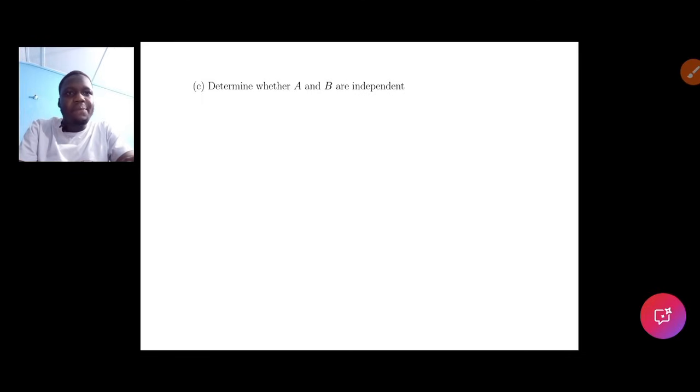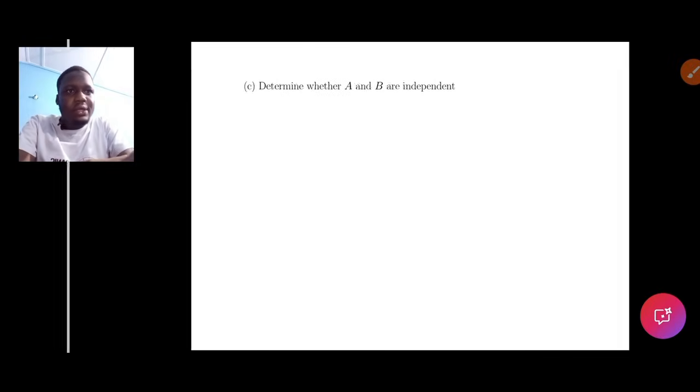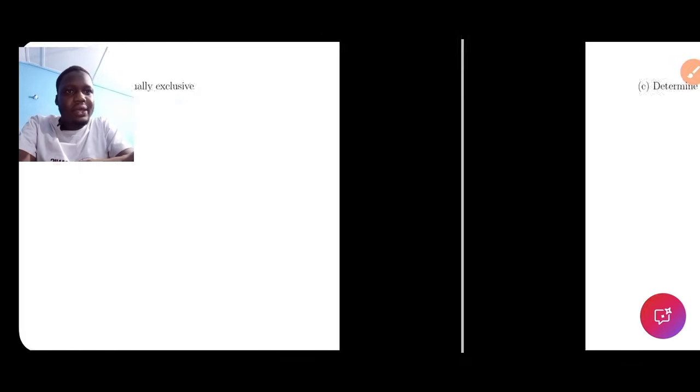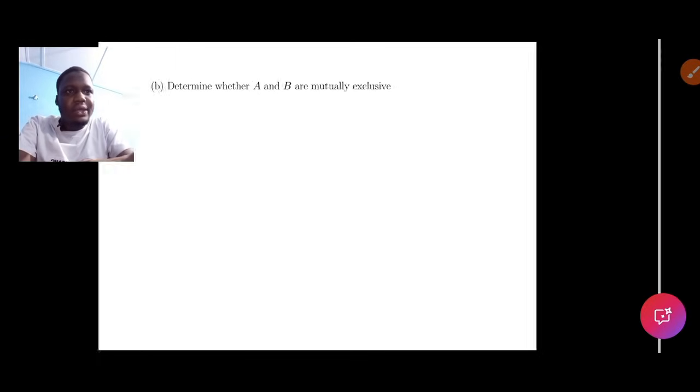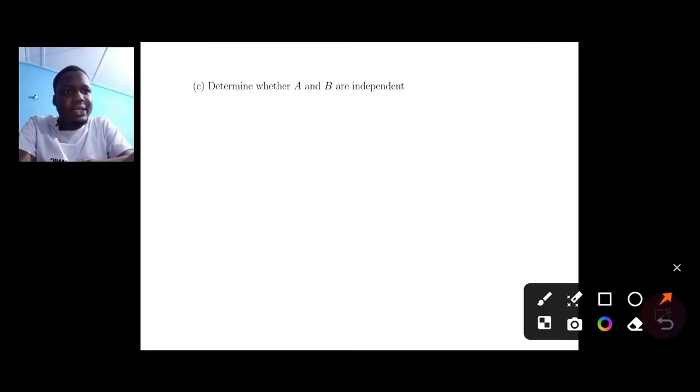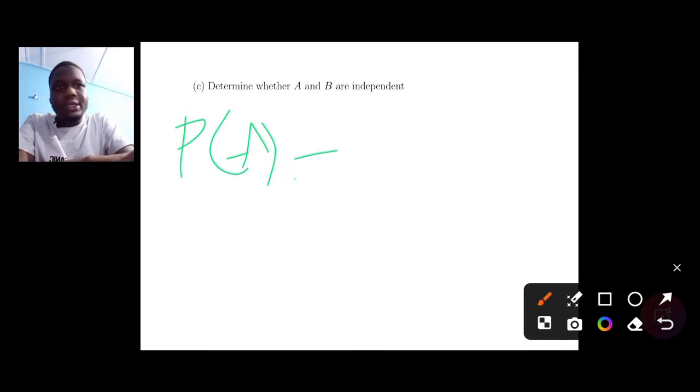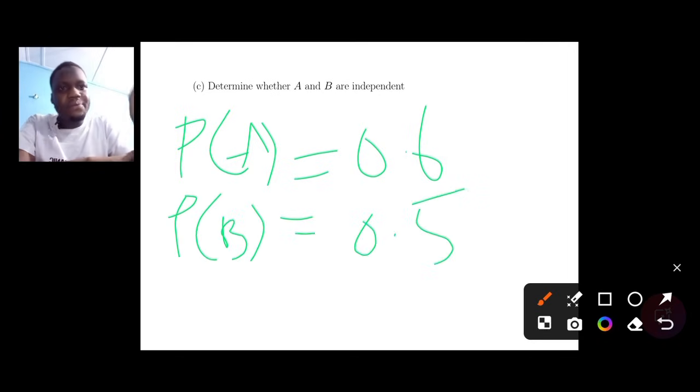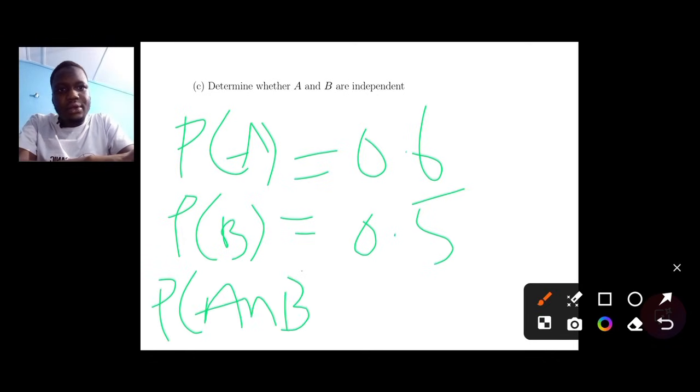Determine whether A and B are independent. Okay, let's do that. So we are given that P(A) is 0.6, P(B) is 0.5, and the intersection is 0.75.